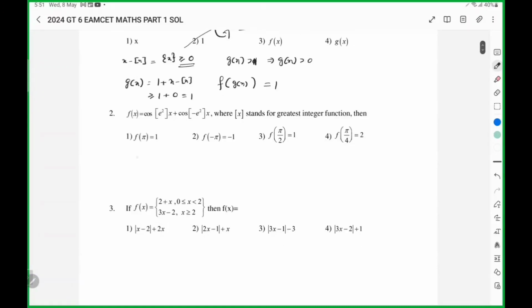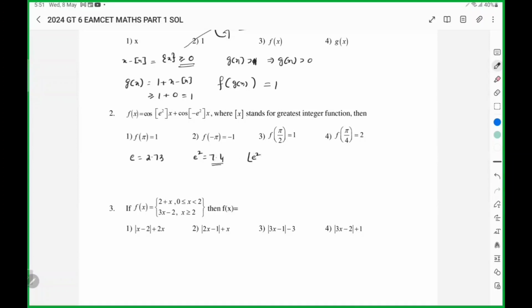Here, e is 2.73, so e square will be roughly 7.29, let us say 7.4 roughly.